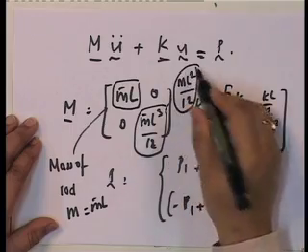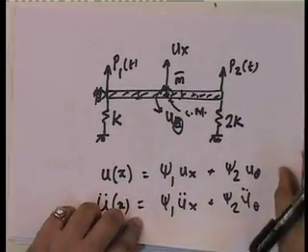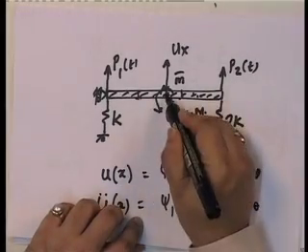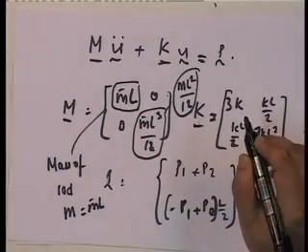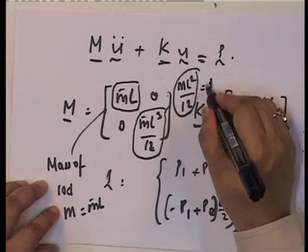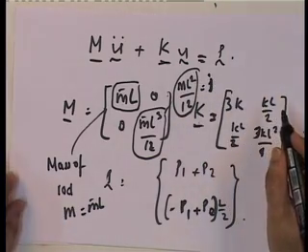Incidentally, this is the mass moment of inertia of this bar about its center of mass, known as the mass moment of inertia J.